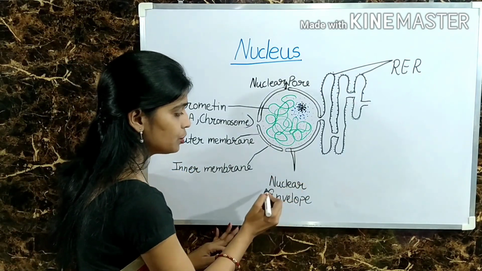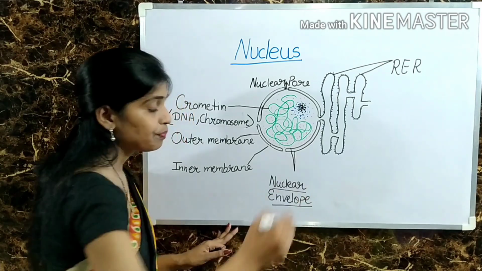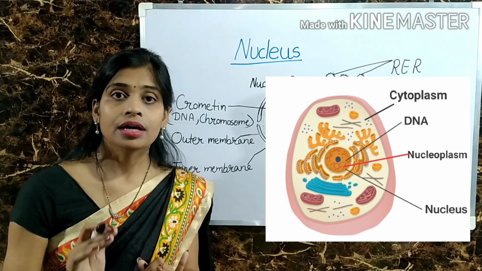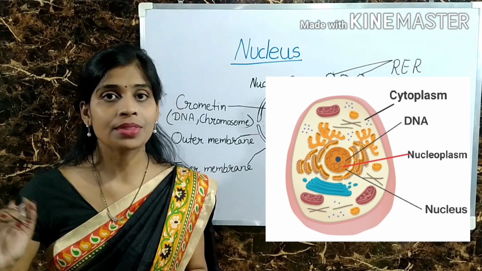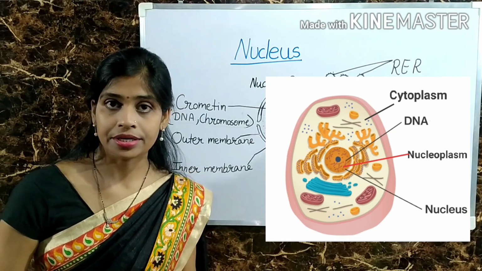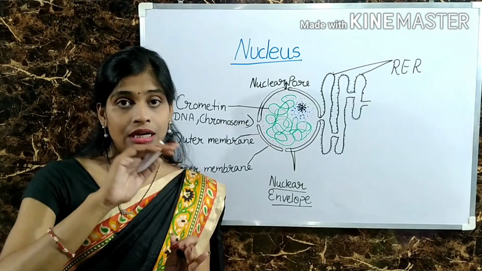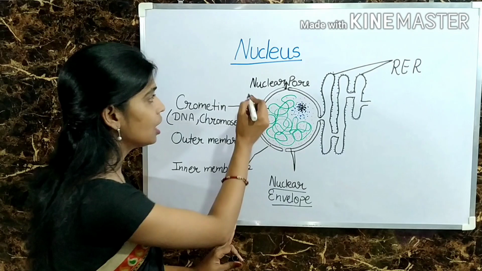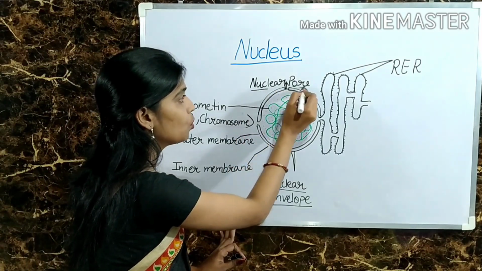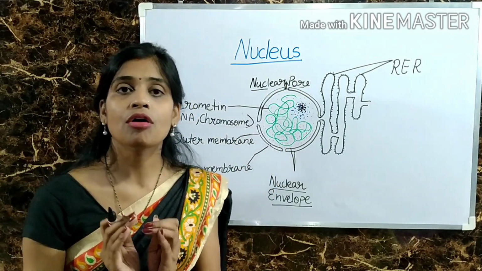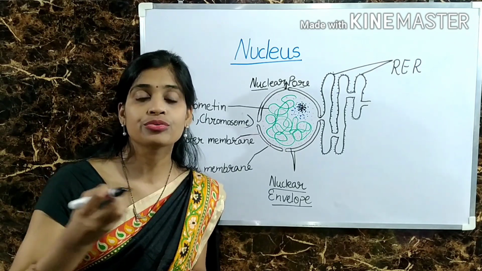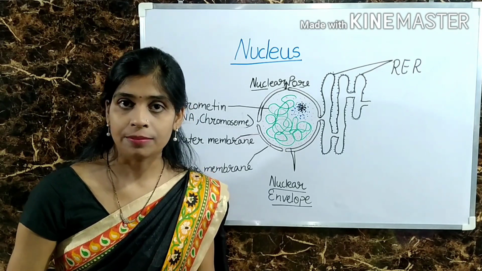This nuclear envelope helps to separate the nuclear material from the cytoplasmic material. It consists of small thin pores called nuclear pores that allow the required material to transfer from the nucleus to the other parts of the cell.